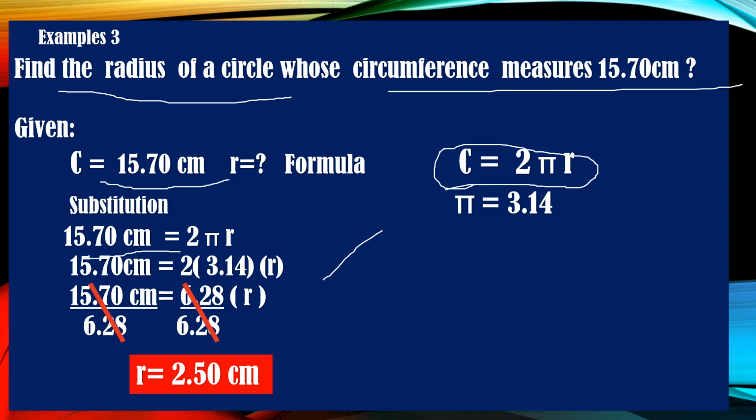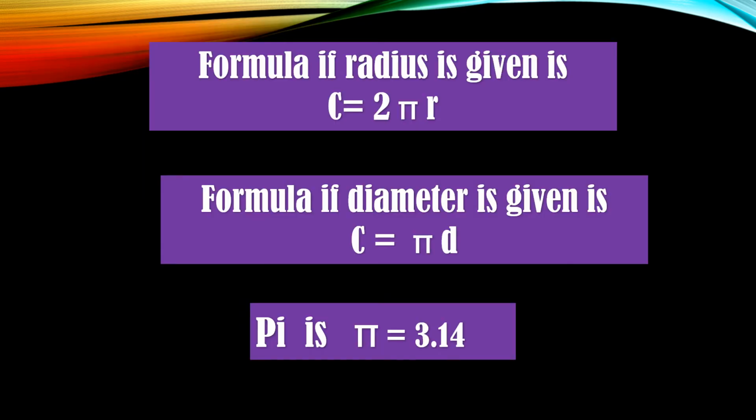So, 15.70 is equals to 6.28 r. So, we need to divide both by 6.28. So, 15.70 divided by 6.28, that is 2.5 centimeter. So, this is the radius. Okay, class, you have to remember the formula if radius is given is circumference is equals to 2 pi r.